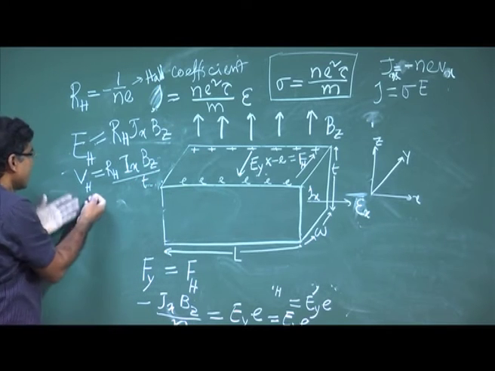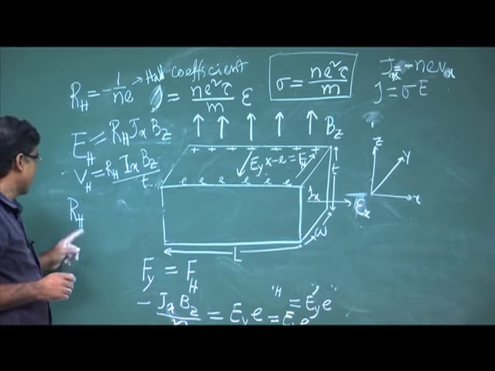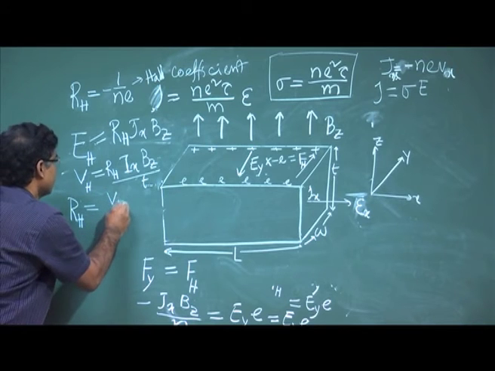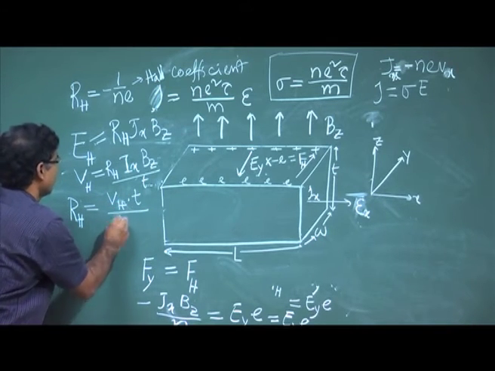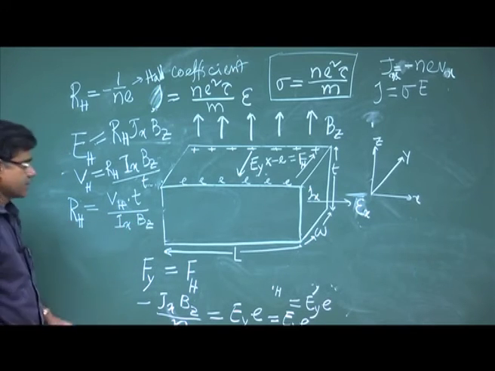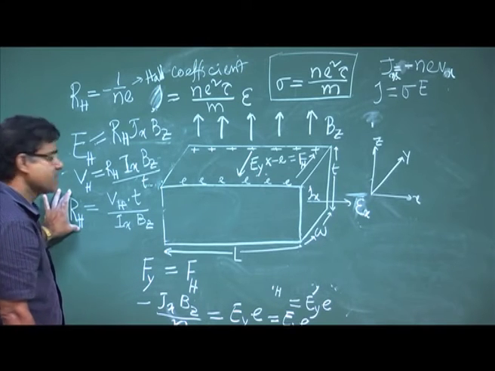So, what can you get then? You can get R h equal to V h into T divided by I x B z, right. So, you can get the R h value.